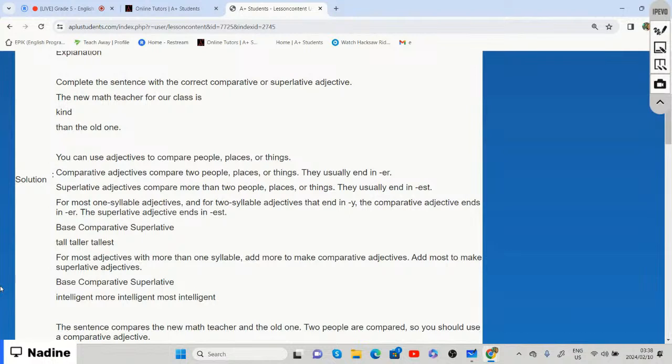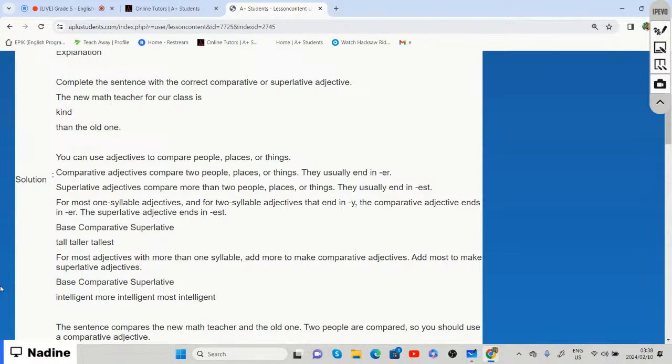So we start with strongest dancer. So you can use adjectives to compare people. We can use adjectives to compare places and things, right? And we have comparative adjectives, and we have superlative adjectives.